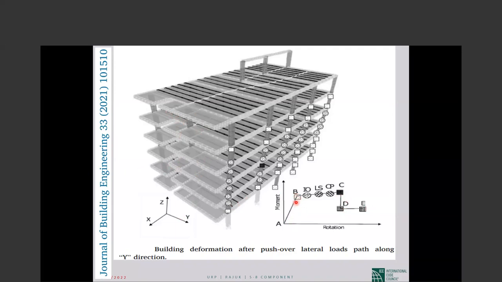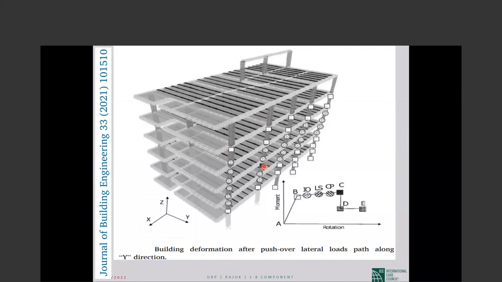For the deformation control elements actions, usually software will show a color or shape, so that, for example, if it reached point B, the specific shape, reach IO with another shape, LS another shape, it reaches CP, C, D, or distributed plastic in shear that reaches the collapse point.